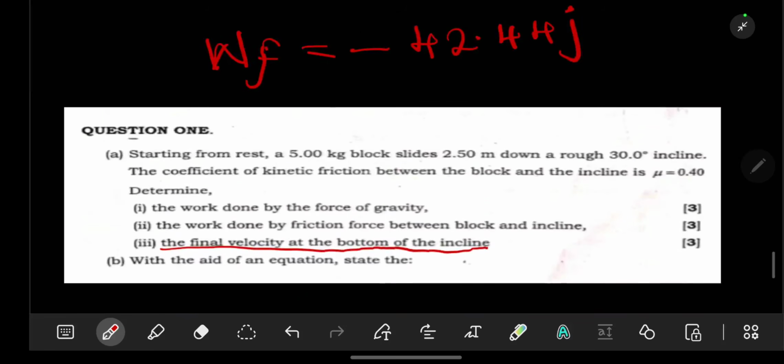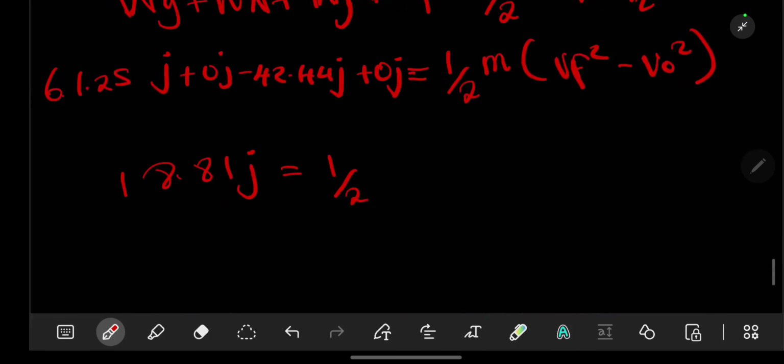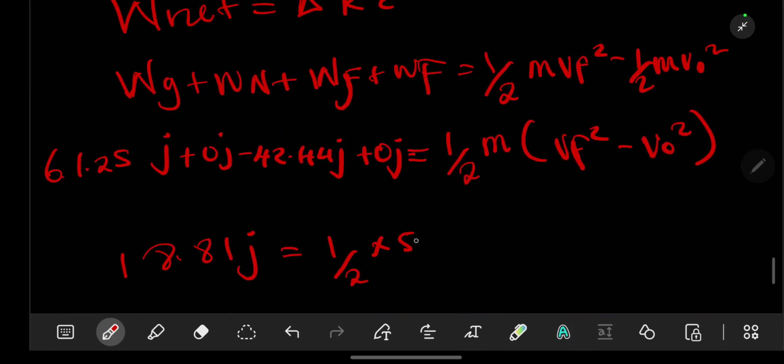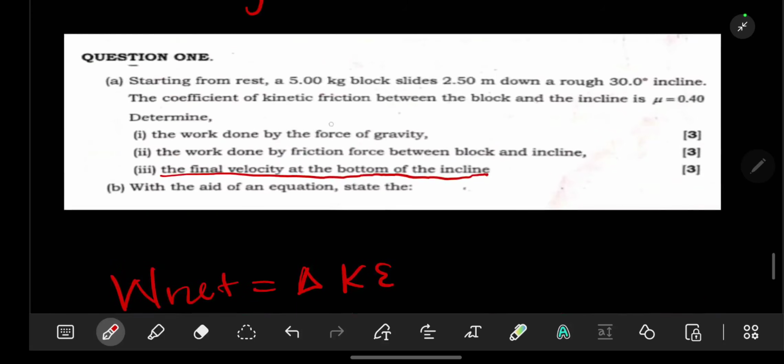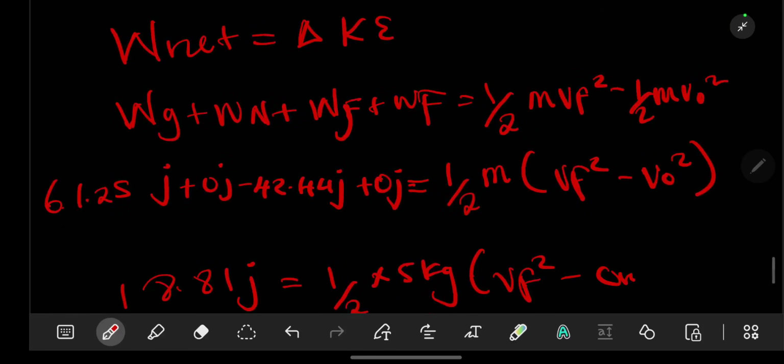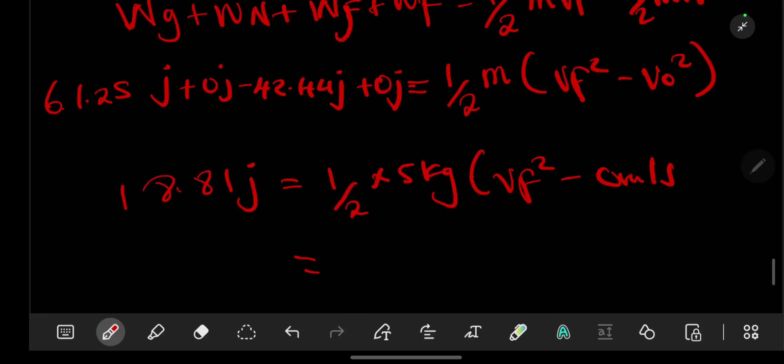Then the mass is 5 kg, so we have 5 kg by v final, which is unknown, minus the initial velocity, which is 0 meters per second since it starts from rest. So half by 5 gives us 2.5.